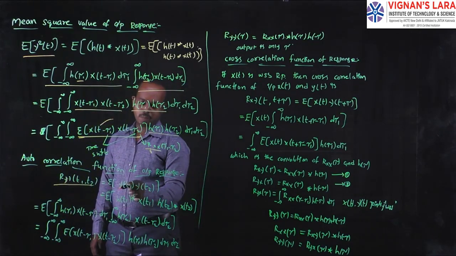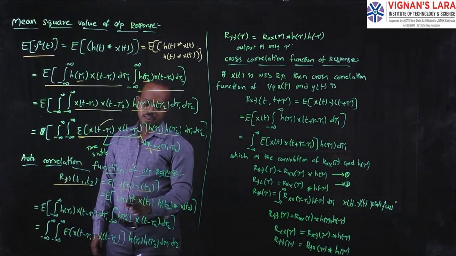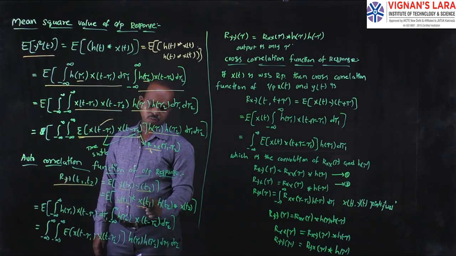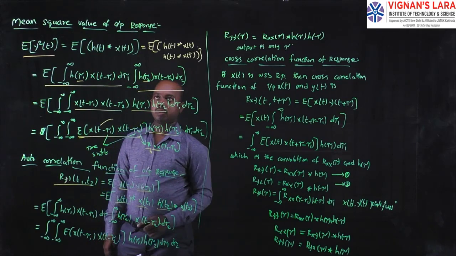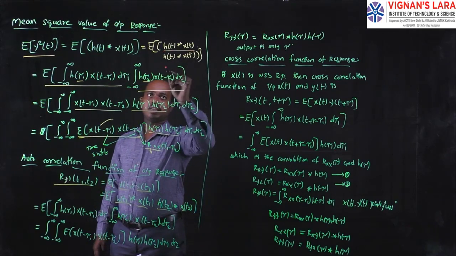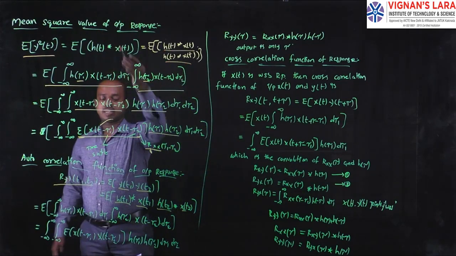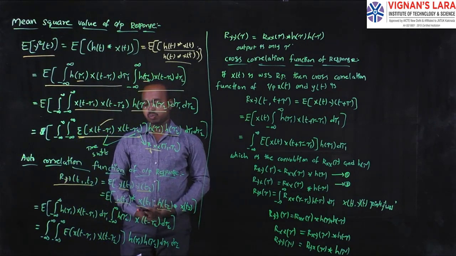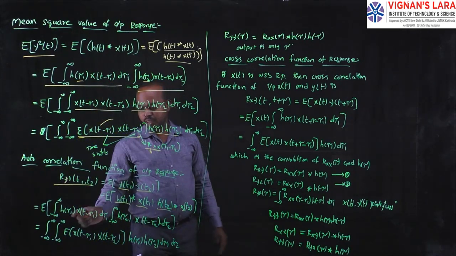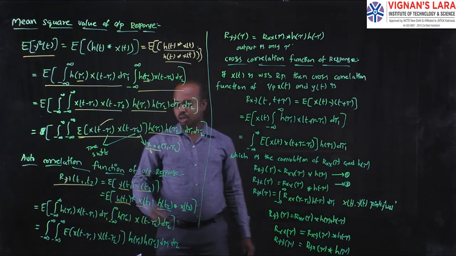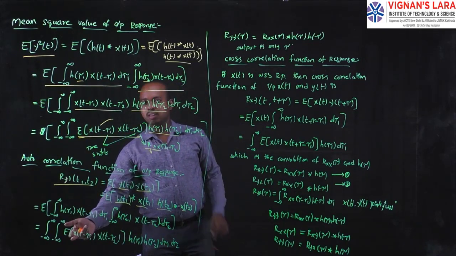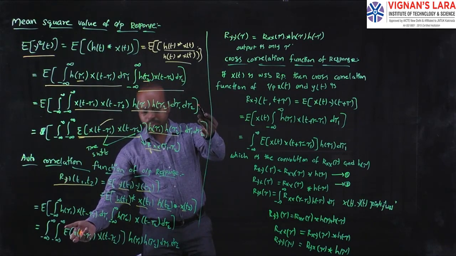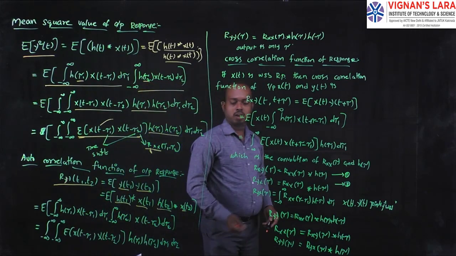Then you elaborate y of t1 and y of t2 in terms of h of t1 and x of t1, and h of t2 and x of t2. The same procedure as for the mean square value is applied here, writing the functions in terms of tau 1 and tau 2.